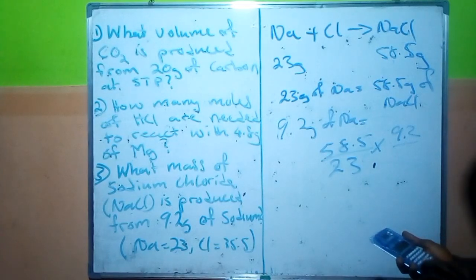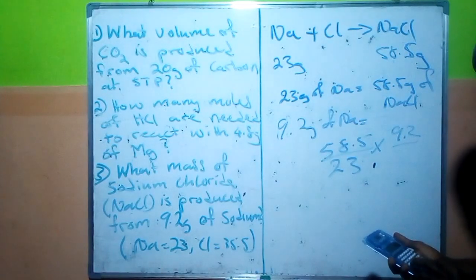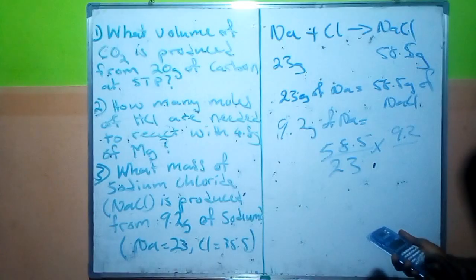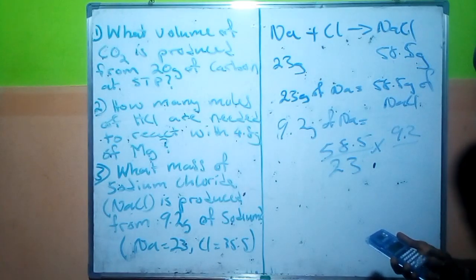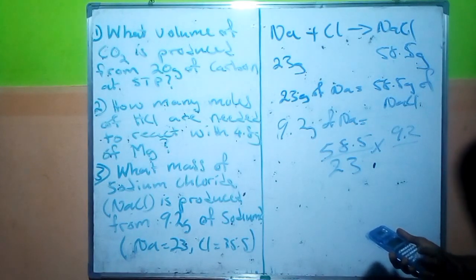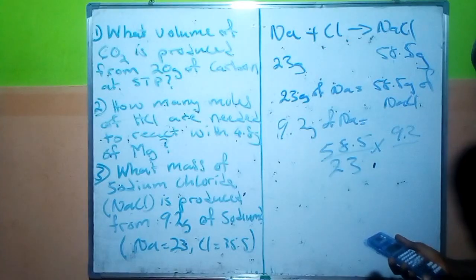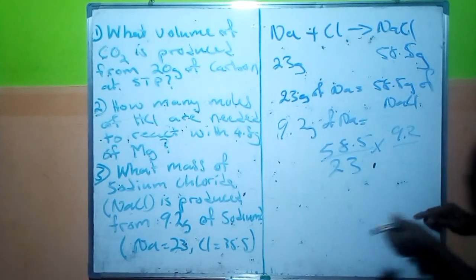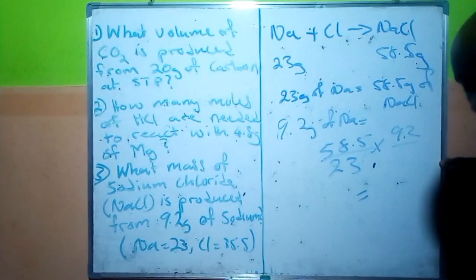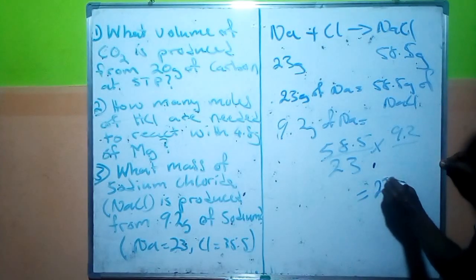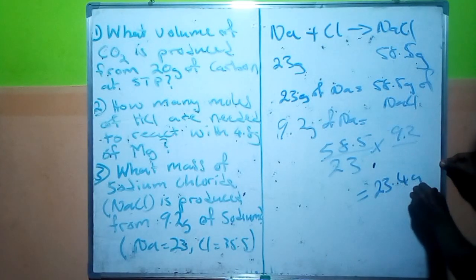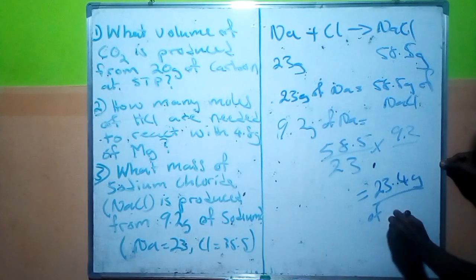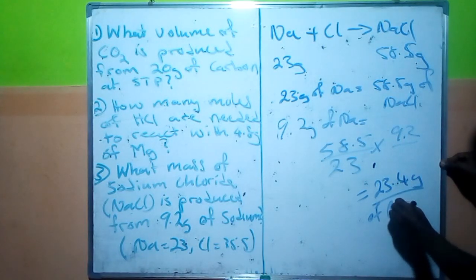So we have 58.5 times 9.2 divided by 23. What our final answer will be is equal to 23.4 grams of what? Sodium chloride.